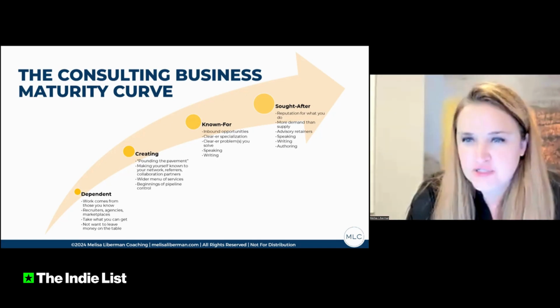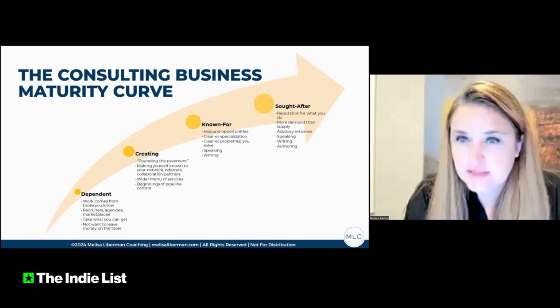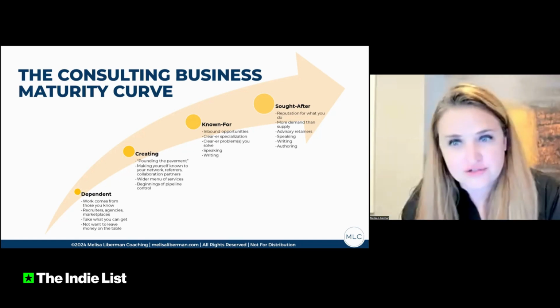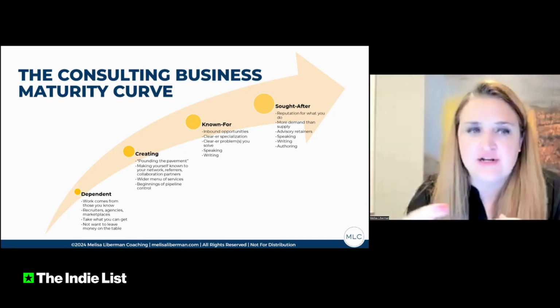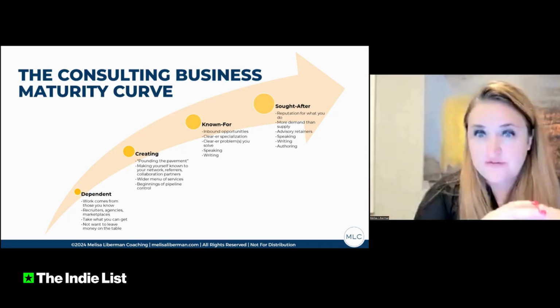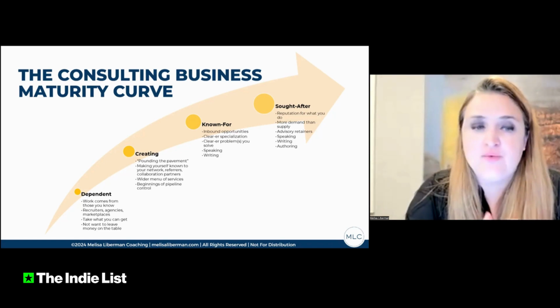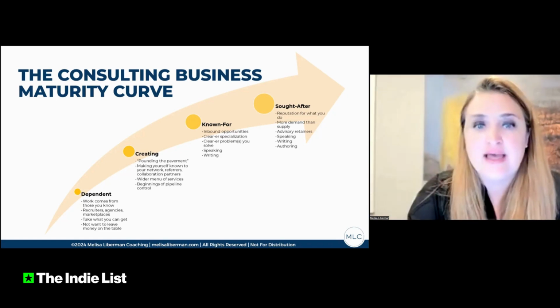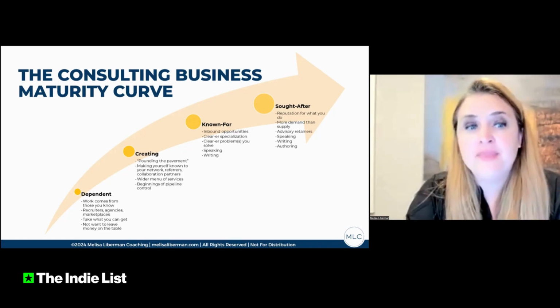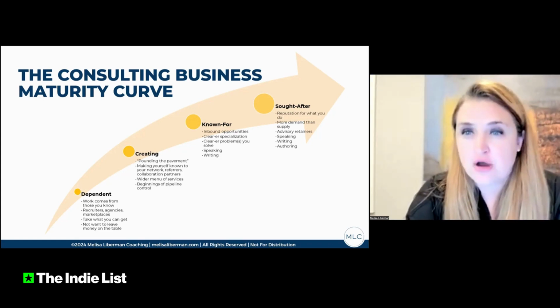Why are consultants that have a very similar background, why are some of them charging more and others are charging less? What is the difference here? And this consulting business maturity curve gives you an insight into one of those key differences, and that is really where is your work coming from, and what does your business model look like?